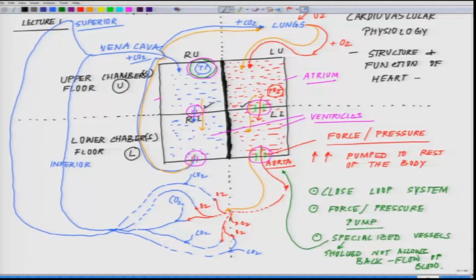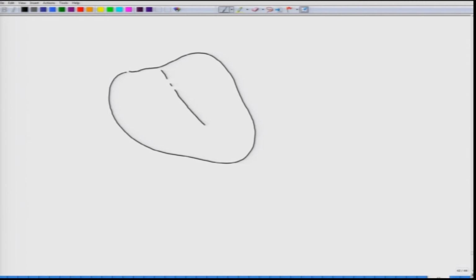In terms of the anatomy, I will come back to that box picture. So, the anatomy of the heart is something like this. And this is precisely the left and the right side.